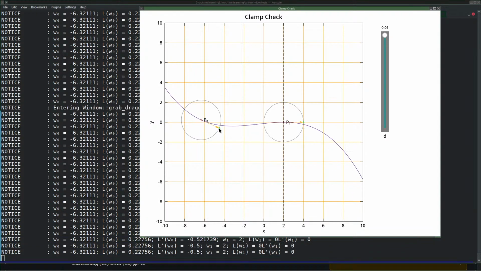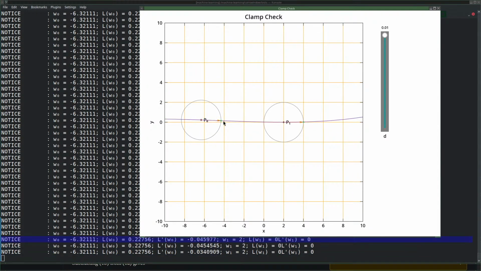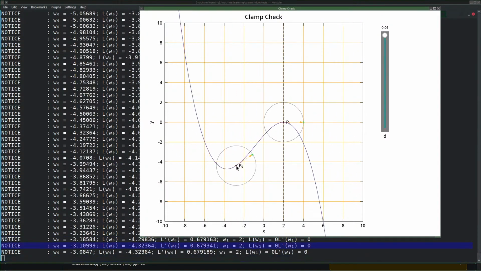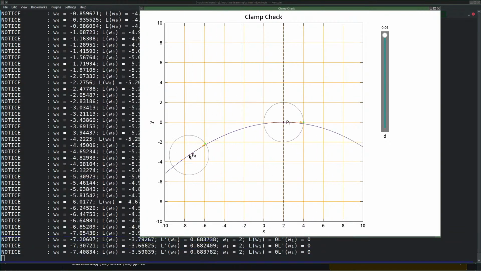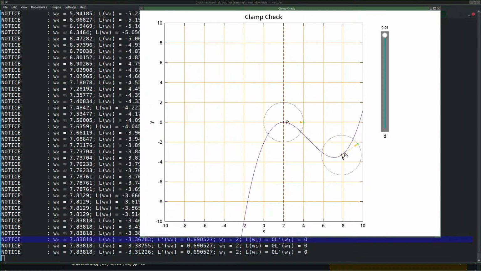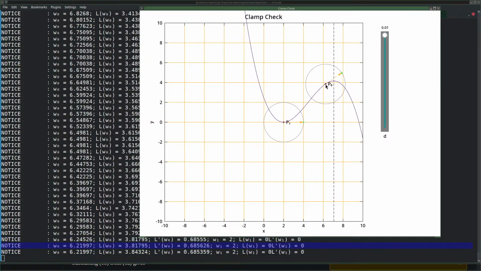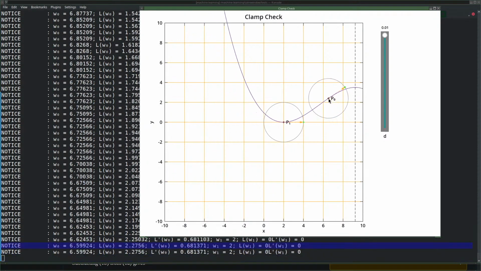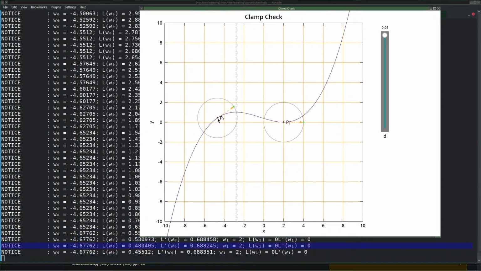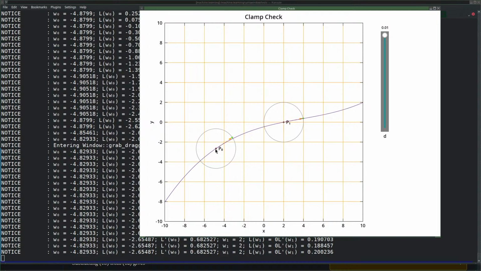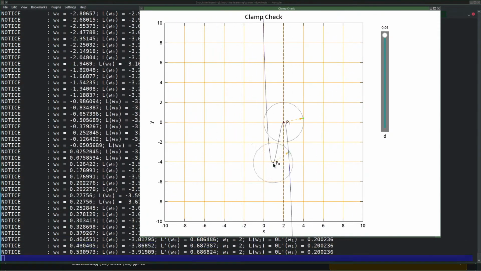Yup, that works. Of course, the derivative is 0. Keeps being cool. Play with this.